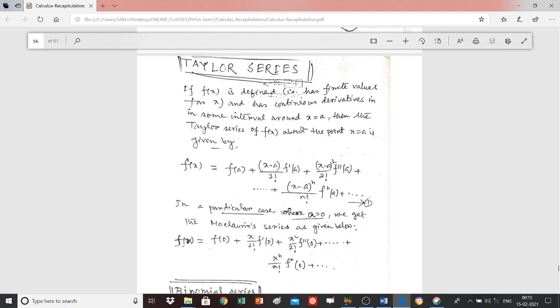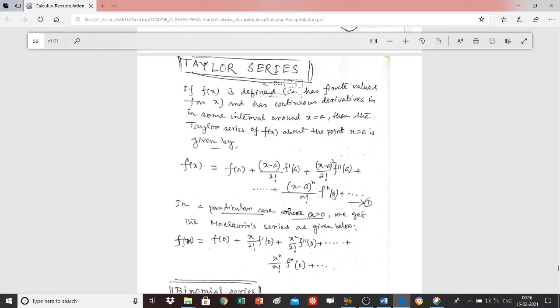If you have a given function f(x), and it is defined that it has finite values, the value of f(x) is finite for all values of x, and it has continuous derivatives in some interval around x is equal to a, then the Taylor series expansion of f(x) about the point x equal to a is given by f(x) is equal to f(a) plus (x minus a) by 1 factorial f prime a plus (x minus a) whole square by 2 factorial f double prime a plus, in this way, (x minus a) to the power n by n factorial f n prime a.